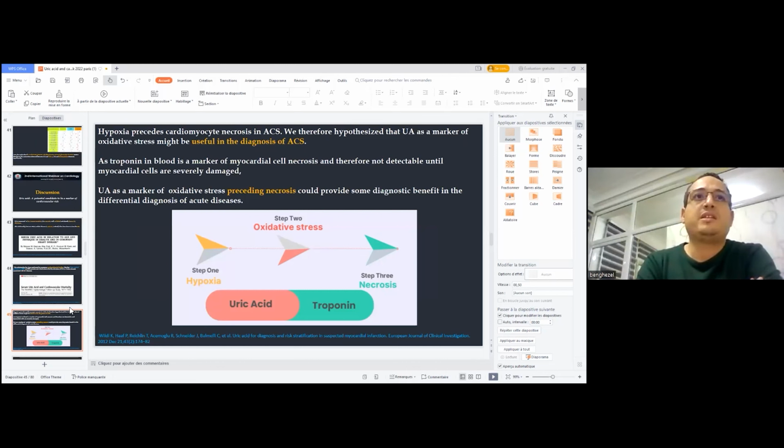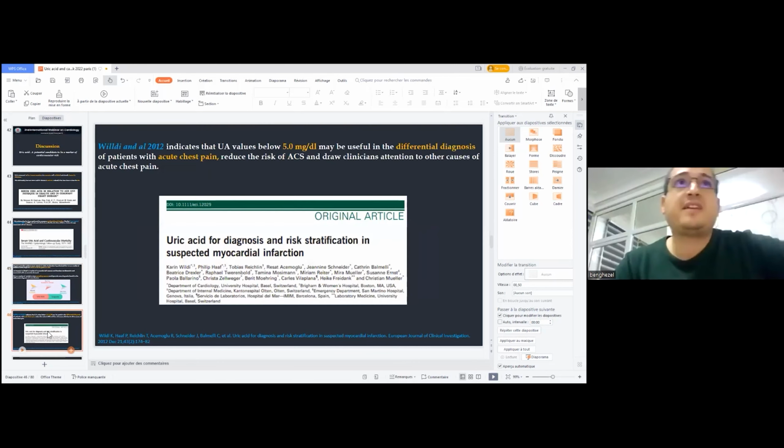Uric acid as a marker of oxidative stress preceding necrosis can provide some diagnostic benefit in the differential diagnosis of acute disease. For example, this study indicates that a uric acid value below 5.0 milligram per deciliter may be useful in differential diagnosis of patients with acute chest pain, reduce the risk of acute chest pain, and draw clinicians' attention to other causes of acute chest pain.